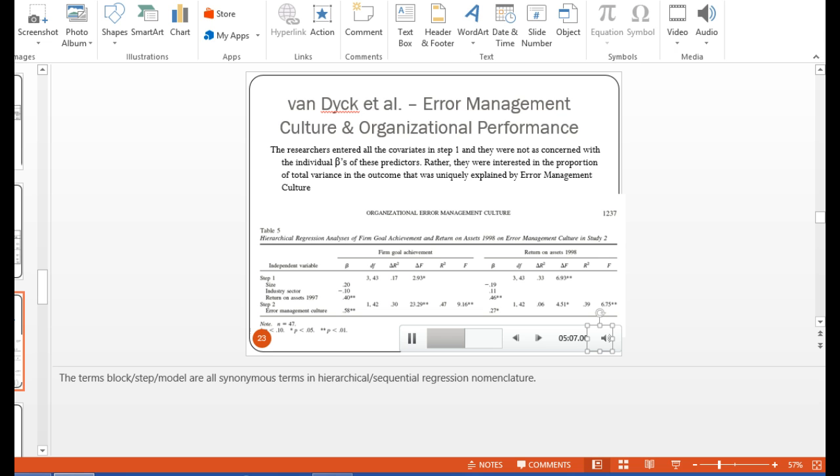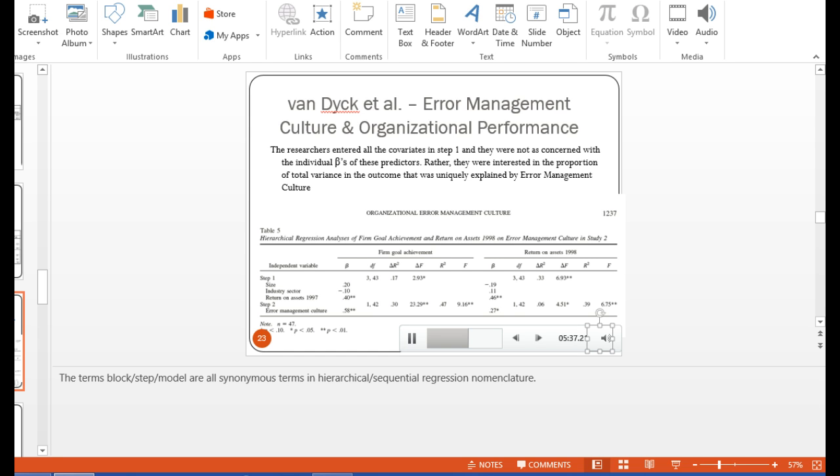So again, researchers in this investigation probably didn't care as much about the B weights of the covariates necessarily, but they just wanted to understand the incremental variance accounted for by their focal variable, which was error management culture. So they do report the B weights, however, for all of the predictors, and that is typical for tables when you submit for publication.